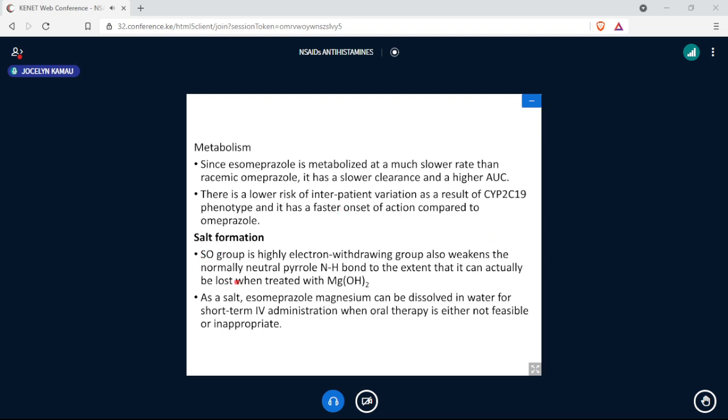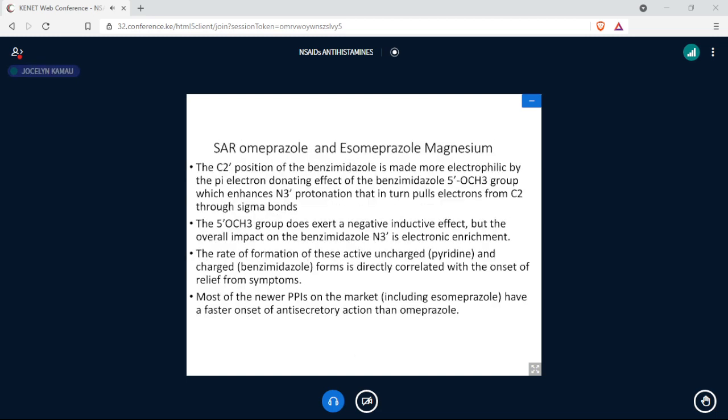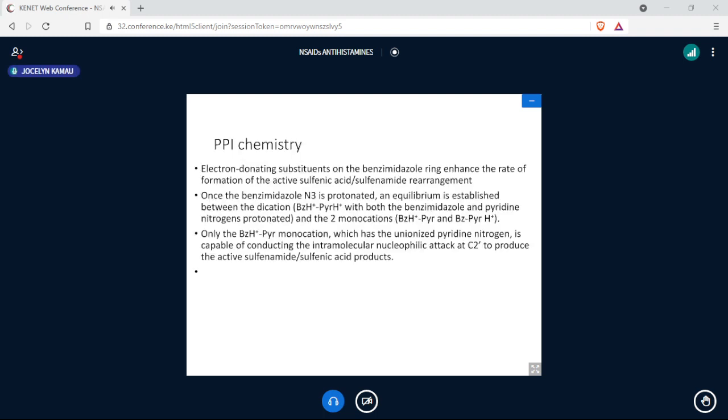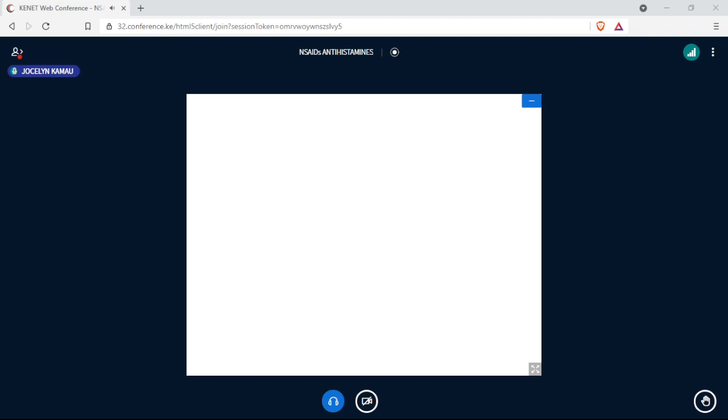It weakens the NH bond, so that if you lose the H as a proton, the proton can be replaced with a magnesium. So if you look at the structure again, not for all of them, but for some of them, you can form the salts.